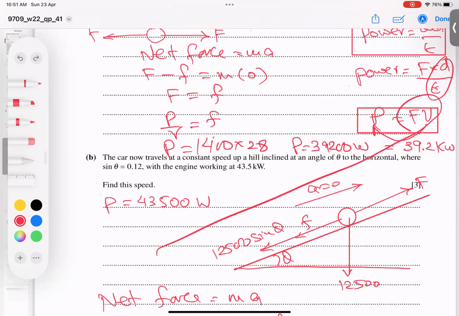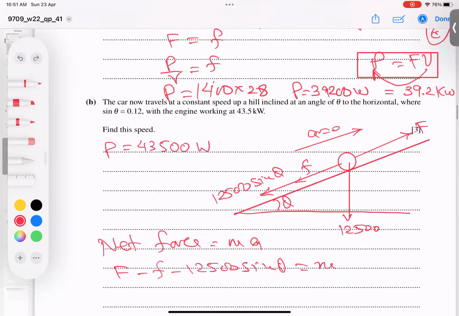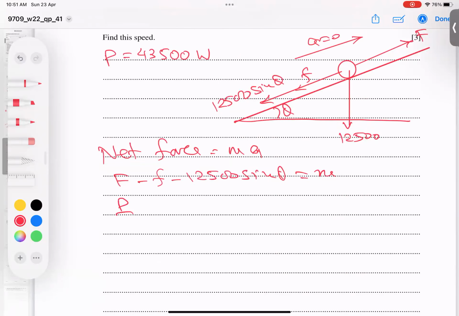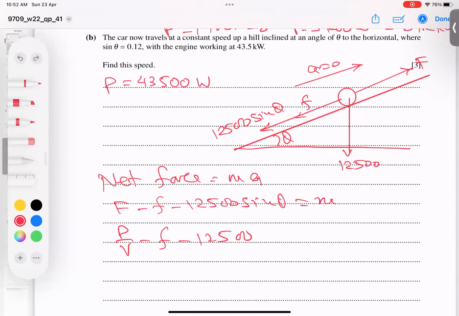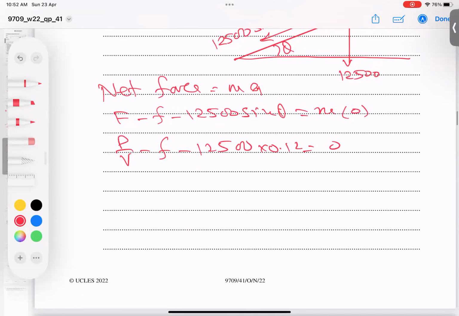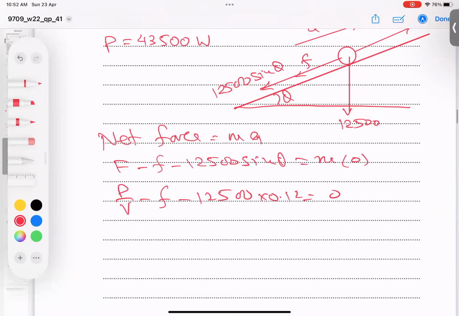If I bring velocity, speed, under power, then F is power by velocity. And friction force we have. And now 12500 and sine theta is 0.12. And mass, constant, acceleration, you know it very well, is 0.